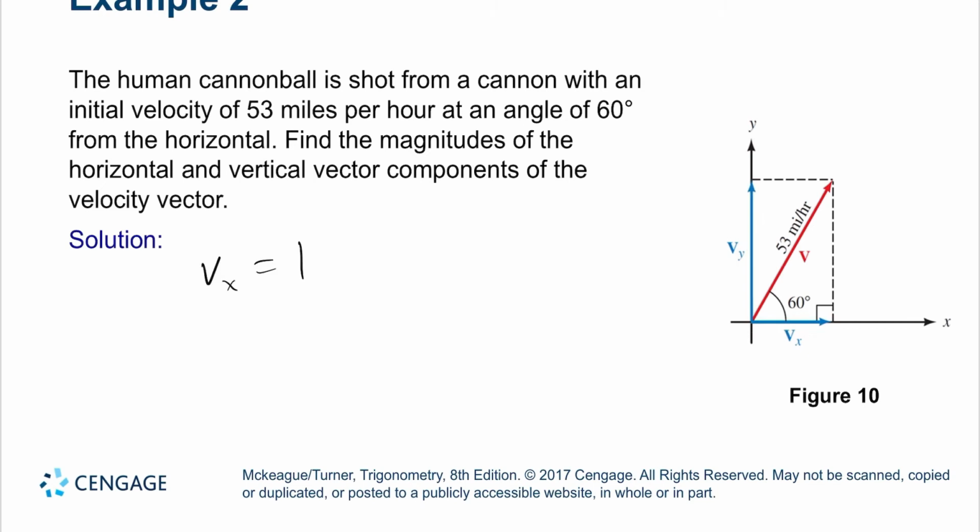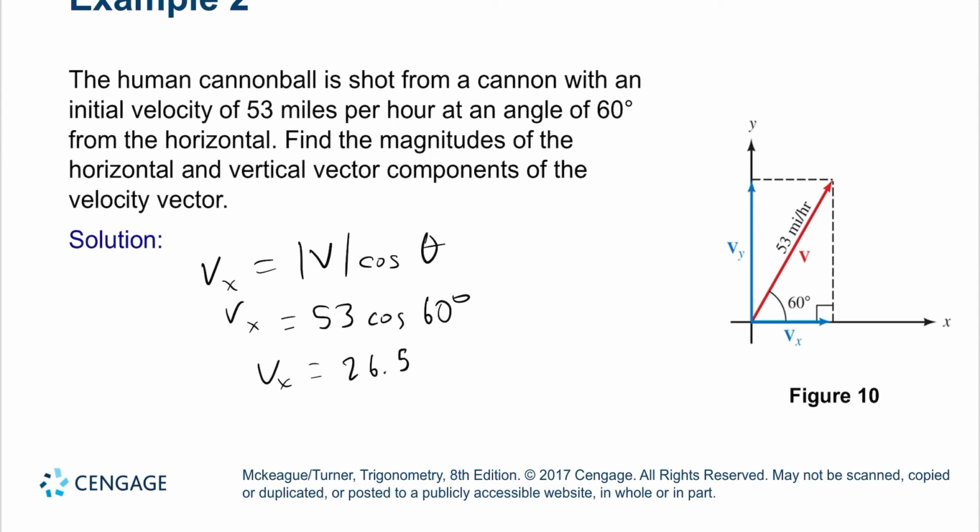we can use our formula from the previous slide. It's going to be adjacent over hypotenuse. And we know that the velocity has a magnitude of 53, so this would be 53 cosine of the angle, which is 60 degrees. And so 53 cosine of 60 is 26.5.